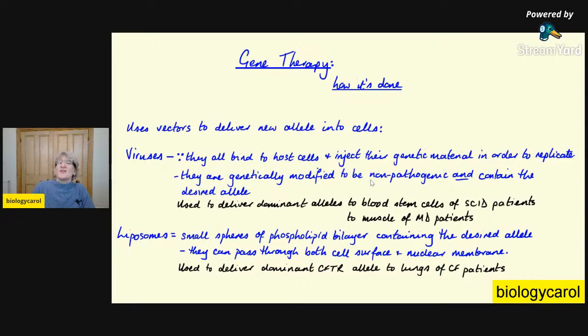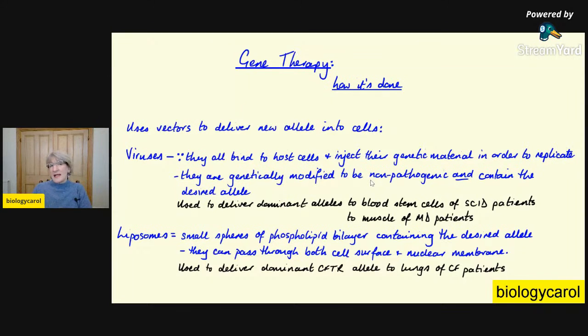And that means that they can relieve their symptoms because now the lining of their trachea and their bronchi and their bronchioles has the functioning CFTR allele in them. And therefore, those cells make a functioning chloride ion channel.